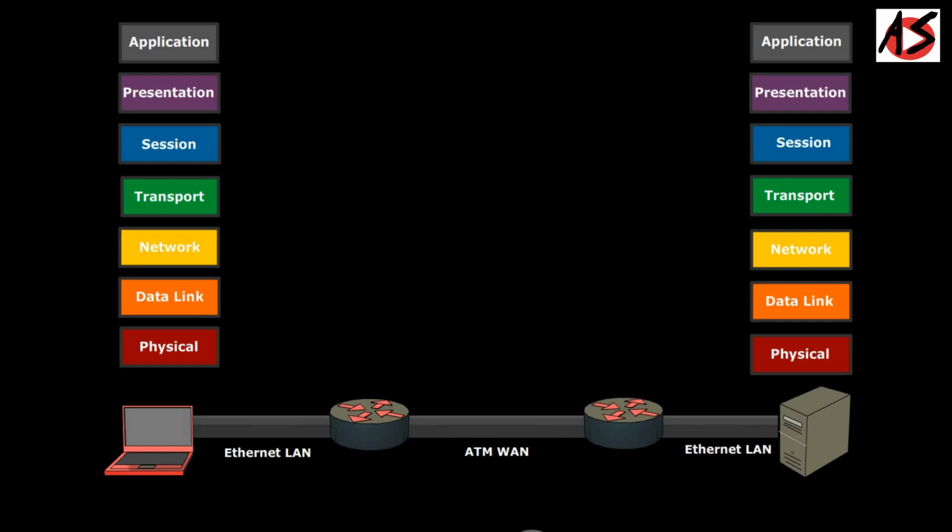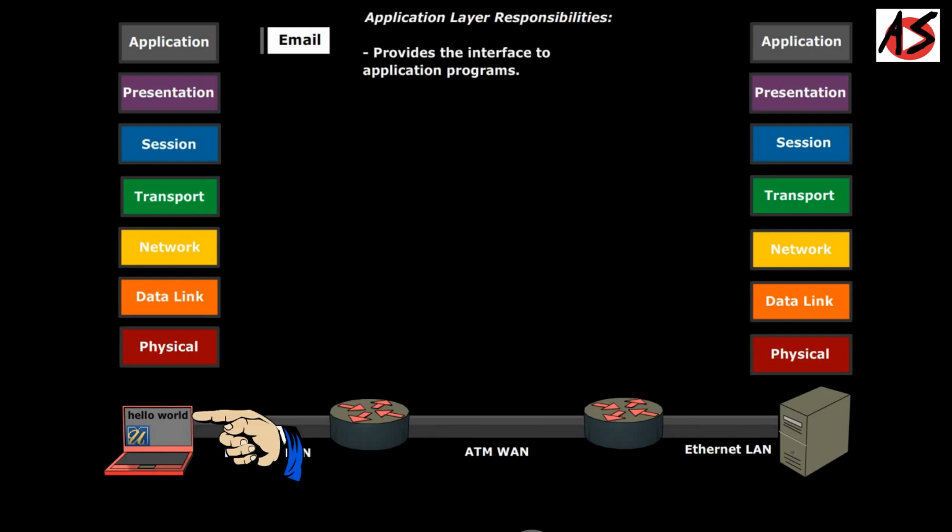Suppose the sender computer wants to send an email to a server. Say, hello world. First, your email application uses an application layer protocol like SMTP that provides a set of commands to tell the server how to handle the data.